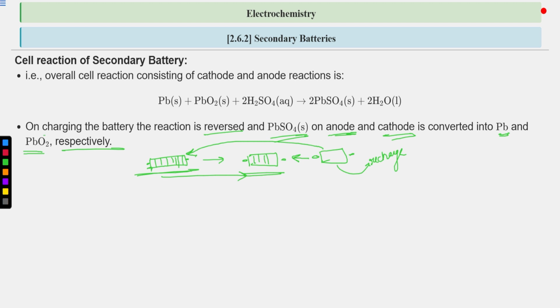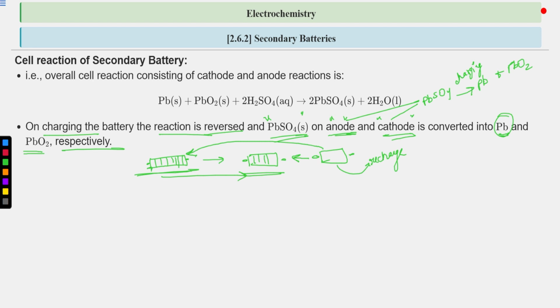That's why it is written that on charging the battery, the reaction is reversed. The lead sulfate which we get at both the anode and the cathode is converted into lead and lead oxide when the charging process is going on.